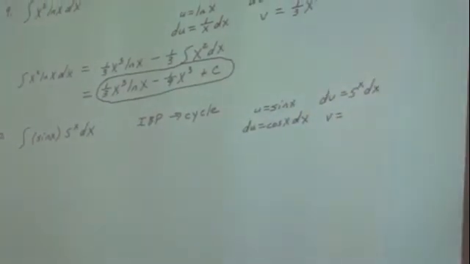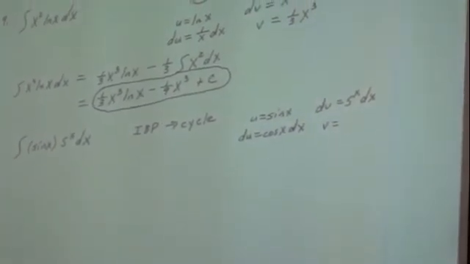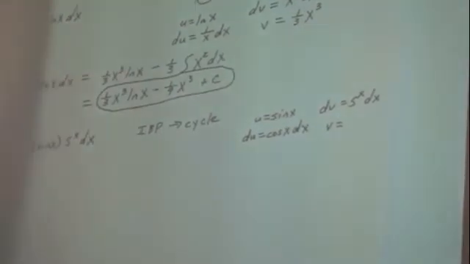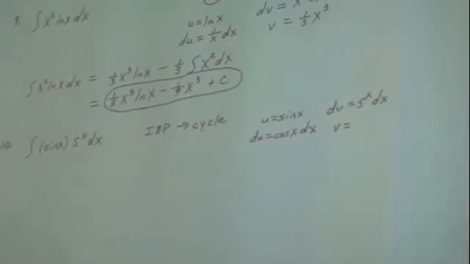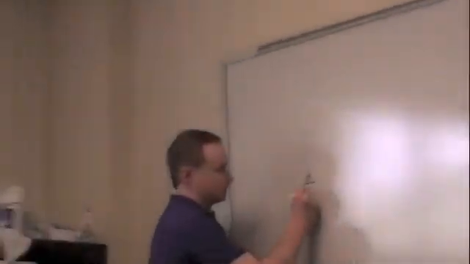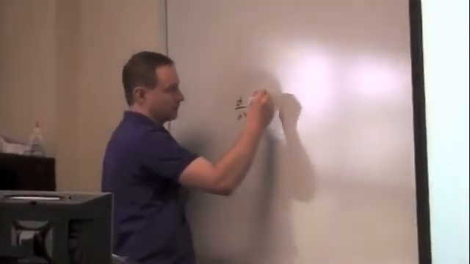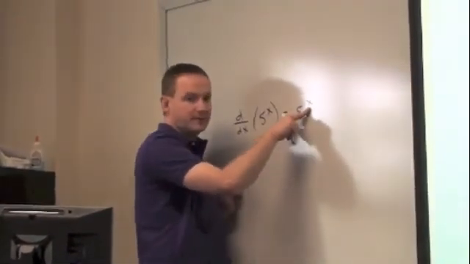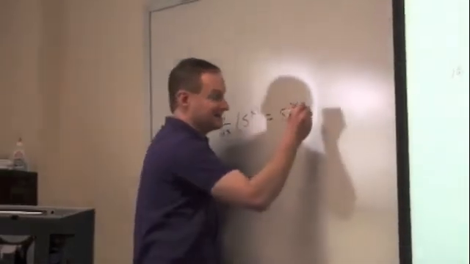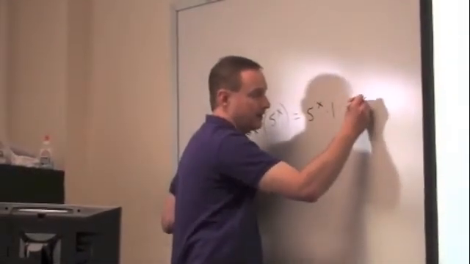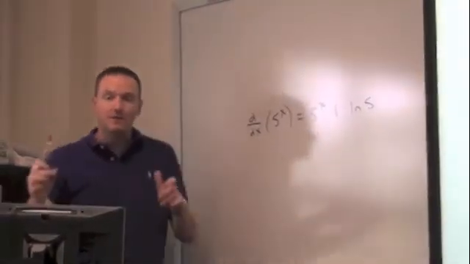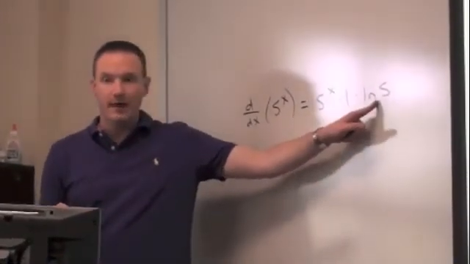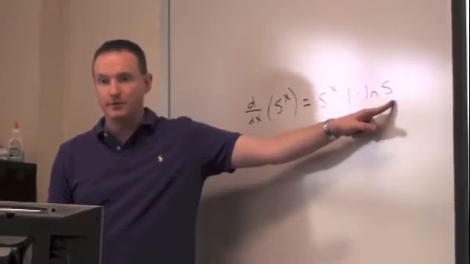Now for the integral of any exponential function, if I took the derivative of 5 to the x, you'd say it's 5 to the x times the derivative of its exponent, 1, times the natural log of its base, ln 5. We get so used to only working with e, we forget that part of our derivative formula.